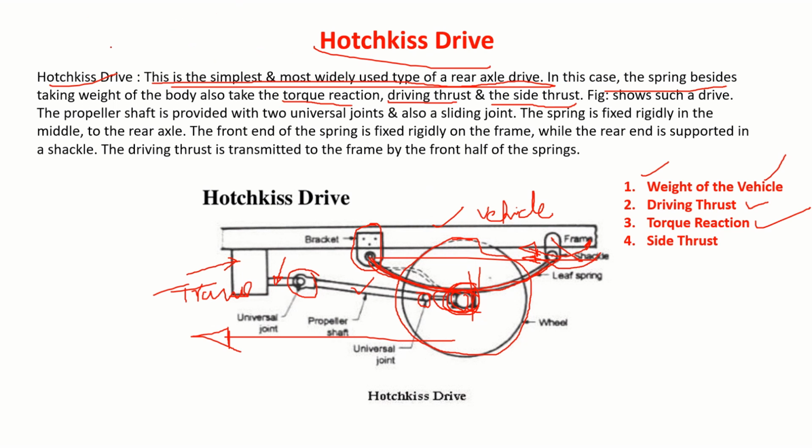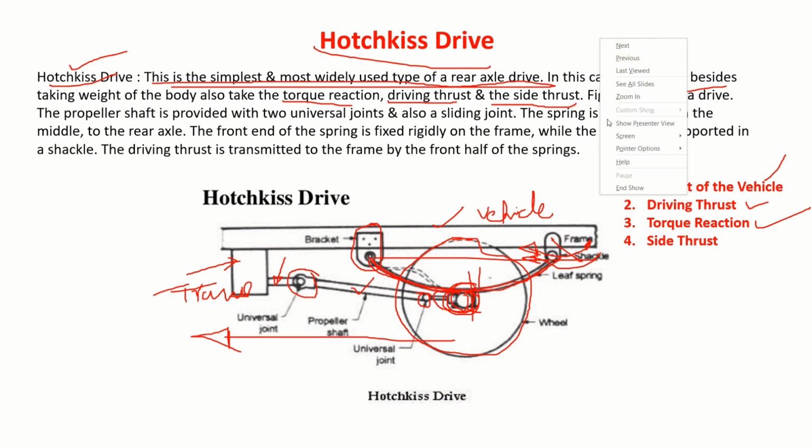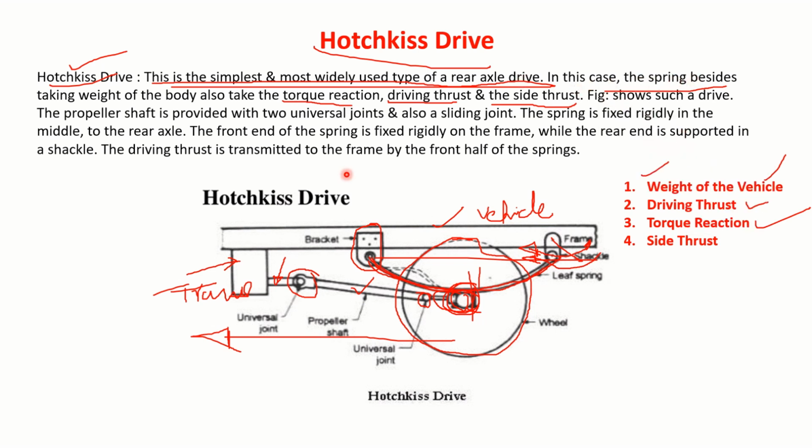Now you can understand that the Hotchkiss drive is the simplest and most widely used type of rear axle drive. In this case, this spring, besides taking the weight of the body, also takes the torque reaction.